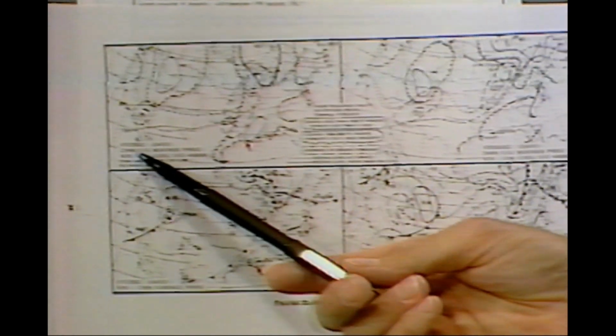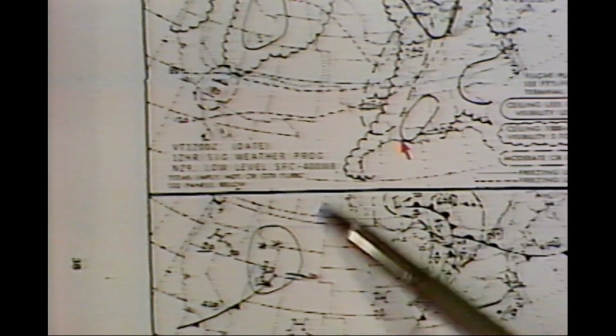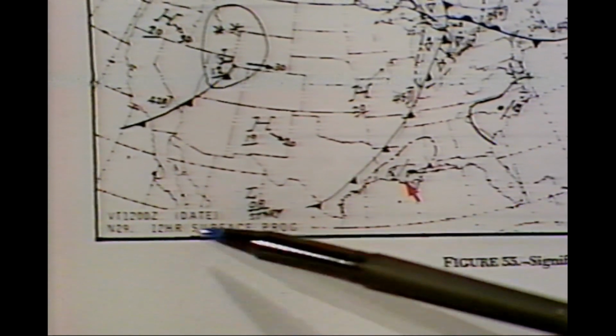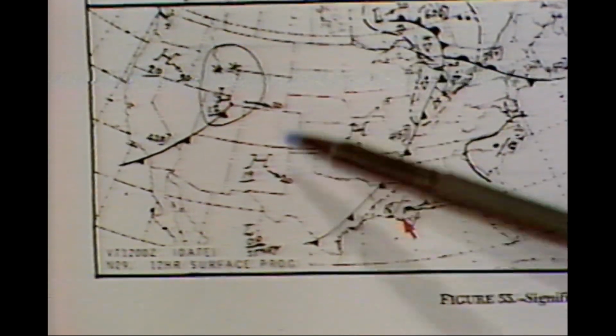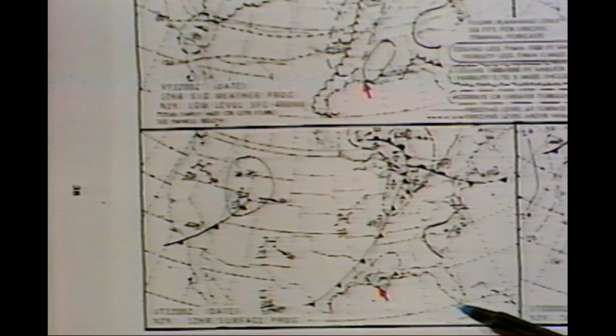This is the 12-hour significant weather prog, low level, surface to 400 millibars. And then we go down to the one below it. It says that that's a surface prog, or remember prog is a forecast, at 12 hours. So the 2 left charts are 12-hour, and the 2 on the right are 24-hour surface progs. They're asking about the first 12 hours, so we're talking about these 2 charts on the left.